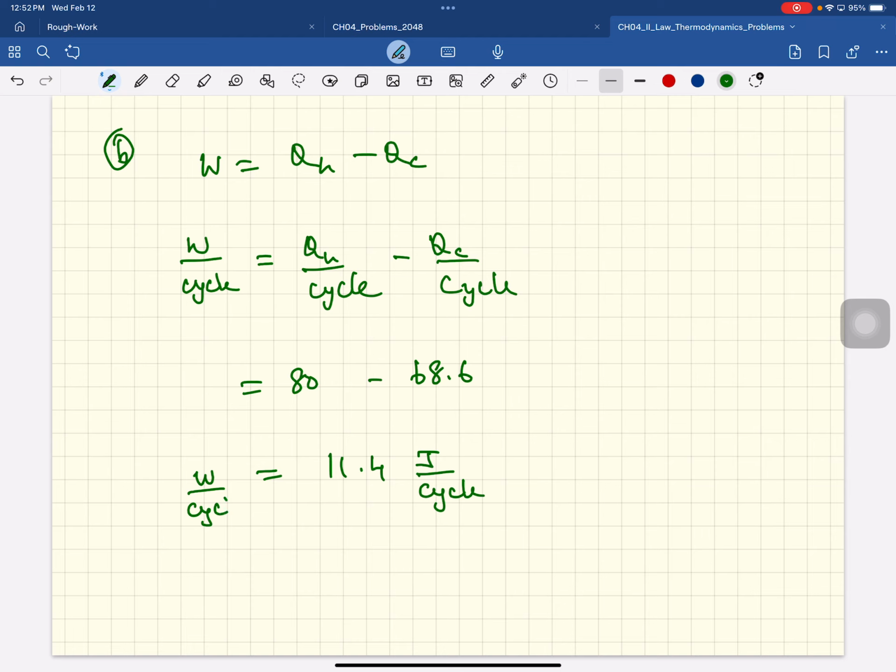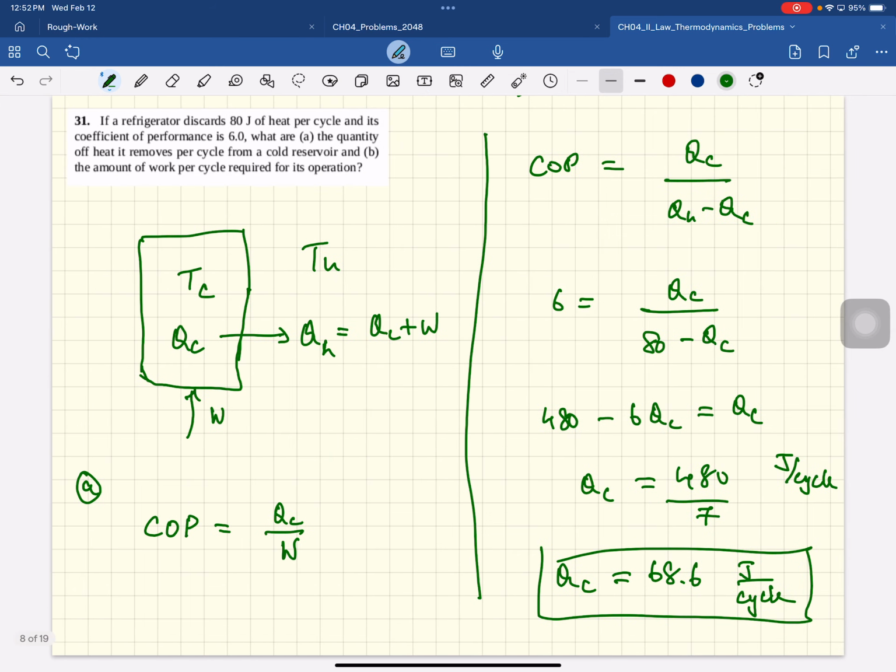Work done per cycle is that. So you do 11.4 joules per cycle, and you remove almost 70 joules of heat per cycle.